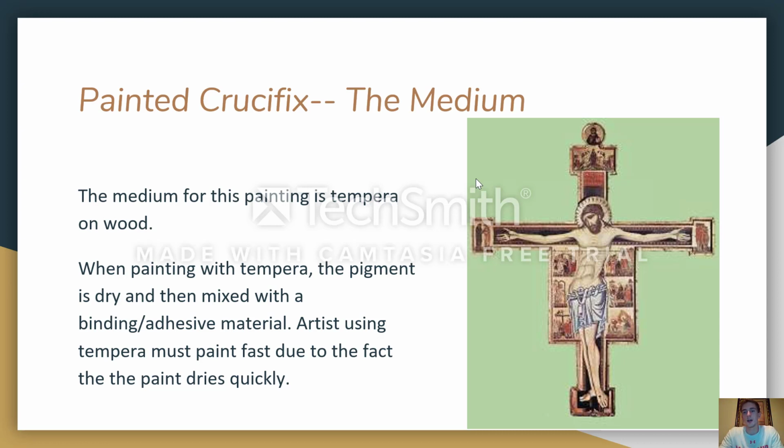I feel like usage of space was very good. There's really not much room on this painting that the illustrator didn't use for artwork. As I said, tempera paint dries fast, so there's little room for error as well.